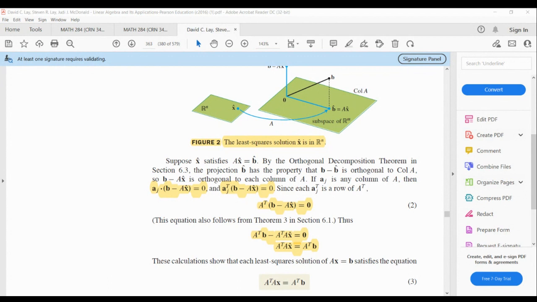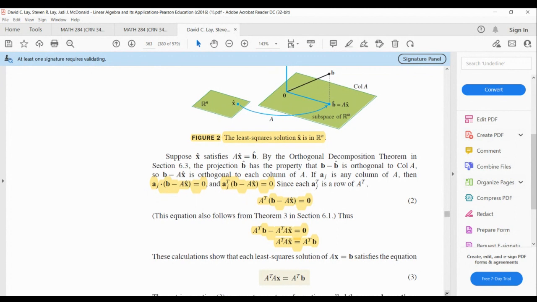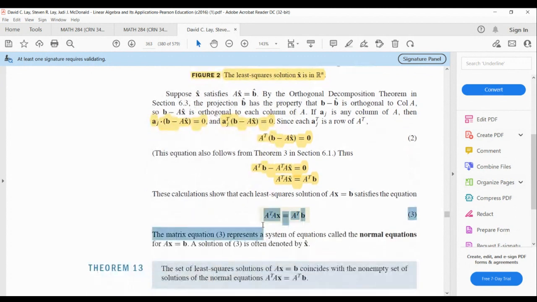And the equations that result from this, A transpose times A times a vector x equals A transpose times a vector B, that is a system of equations, and those are called your normal equations.